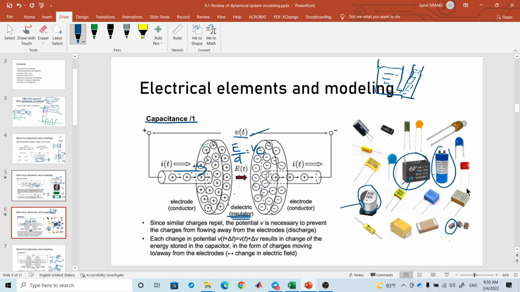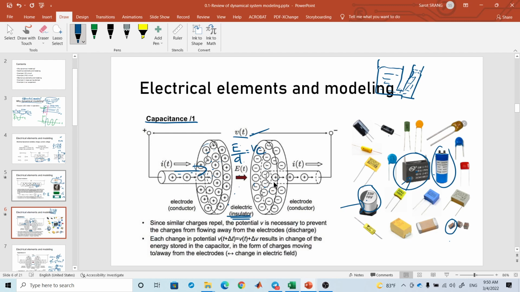How about a capacitor? A capacitor is a device that can store an amount of charge. With the plates in parallel, the more charge it can store. So it can store energy, right?